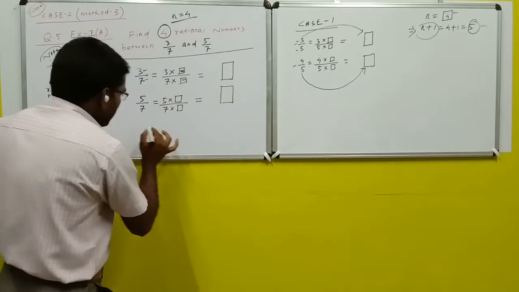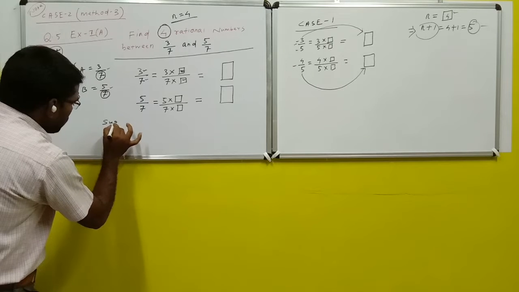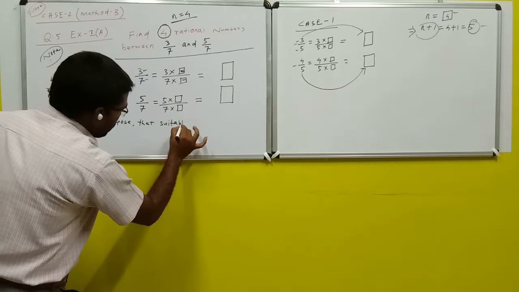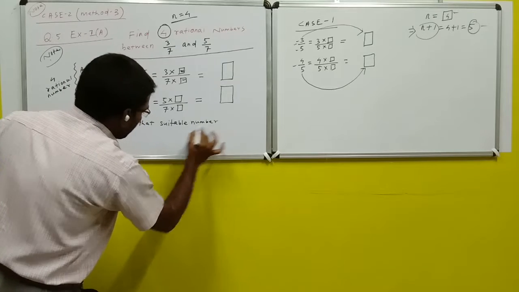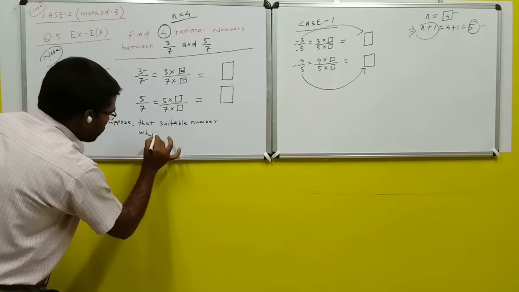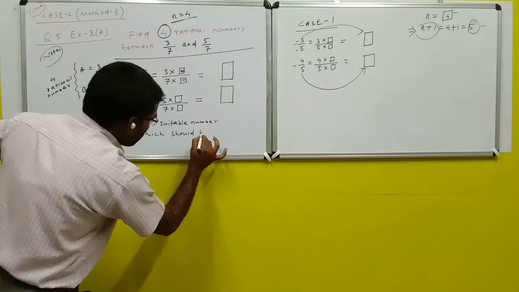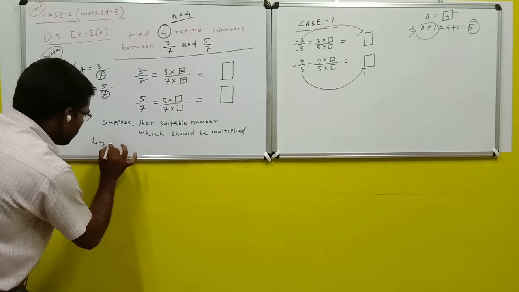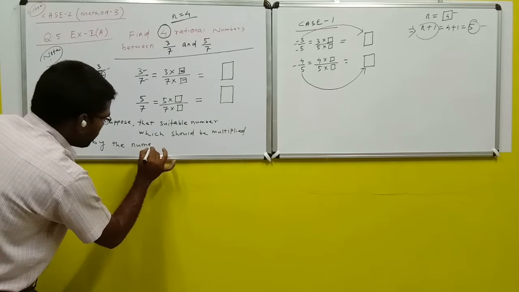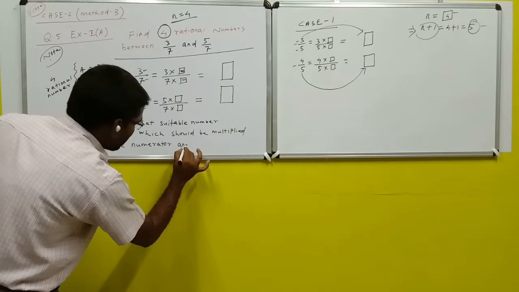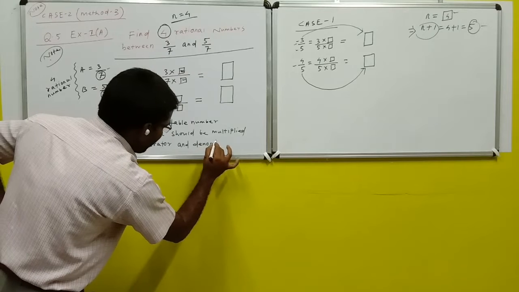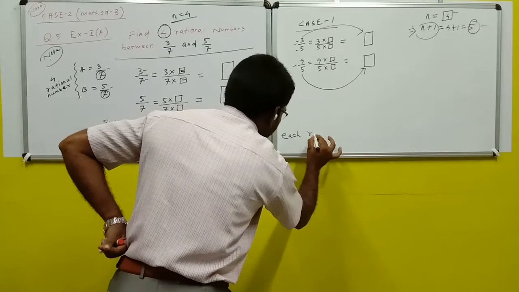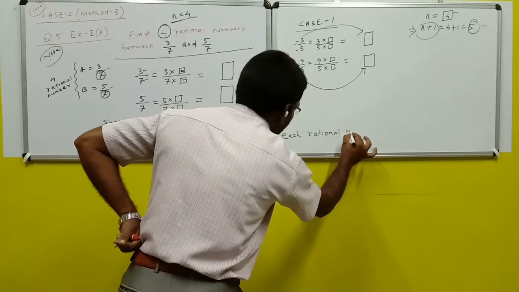Suppose that suitable number which should be multiplied by the numerator and denominator of each rational number is x.